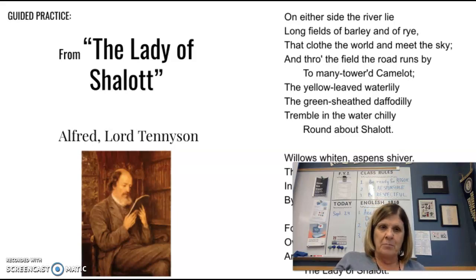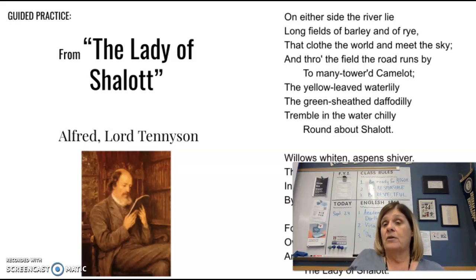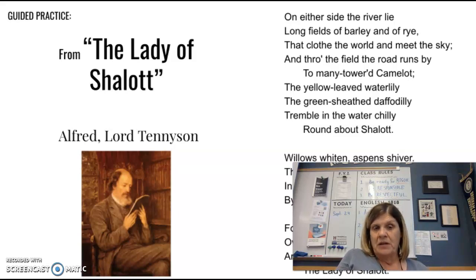You can read that. But anyway, it reminds us that outside of Camelot, there were rivers that went around the island where Camelot was located. And people would have to cross bridges in order to get over to Camelot. And near the castle was also 4 dungeons. And inside of the dungeons was a woman who was sentenced to a crime. And her crime is to never look out the window.